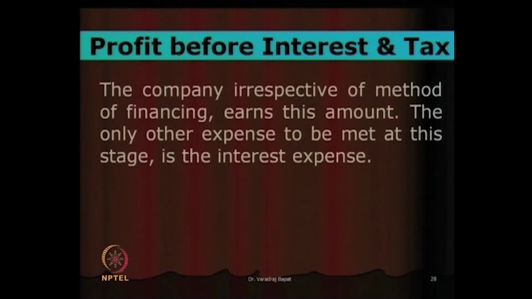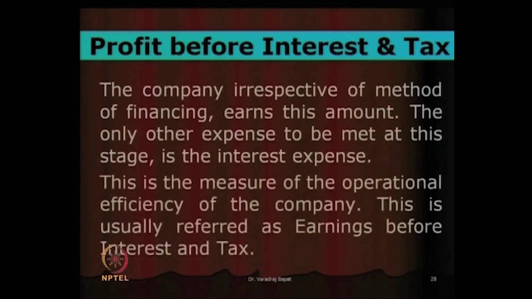Now, what the company earns irrespective of the method of financing is known as profit before interest and tax. Sometimes we make a short form and we call it PBIT. Now, this measure is very important and it is calculated to know the operating efficiency of the business. Usually, if the company is to be taken over by somebody else, they will look at the PBIT of the company. It is also known as earnings before interest and tax.